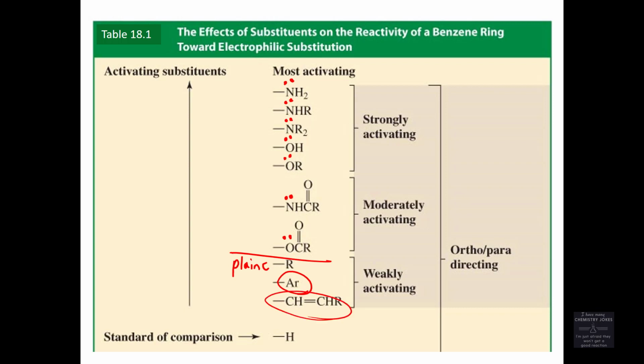Plain carbon, donors. Everything on this part of the table are electron donating groups. They are all activators. But some of them are stronger activators than others. The things that have the benzylic lone pair are stronger activating than the plain carbons down here.